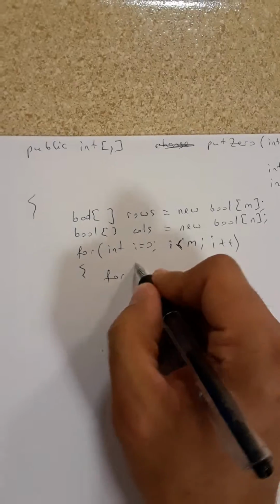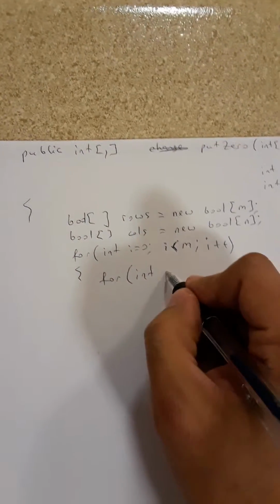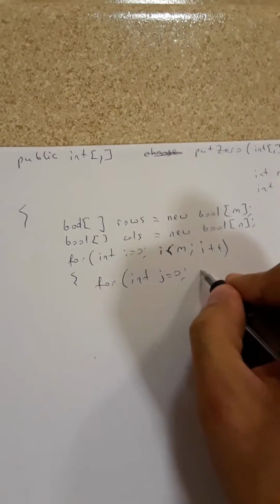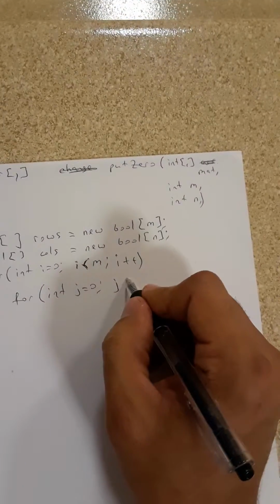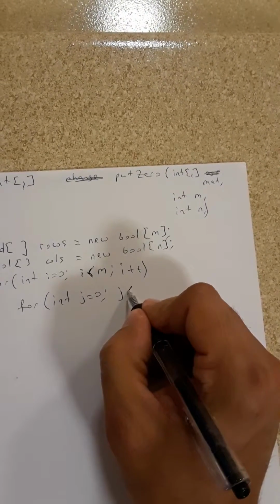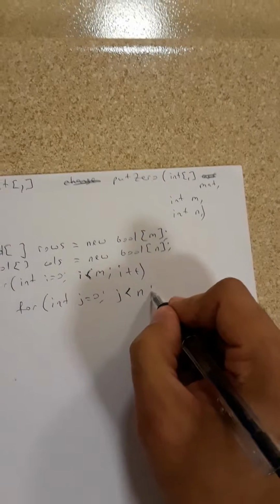Inside this for loop, I will run another for loop over the number of columns.